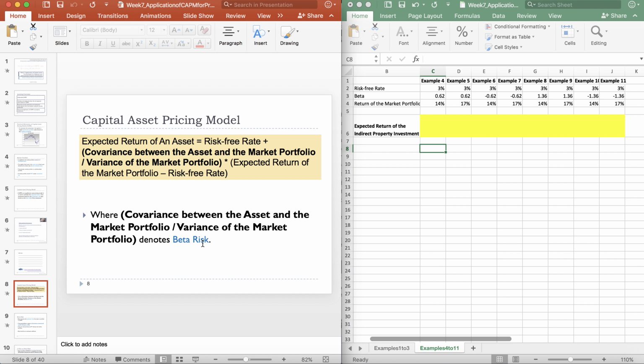The definition of beta risk is the covariance between the asset or portfolio and the market portfolio, then divided by the variance of the market portfolio. The variance of the market portfolio is the risk of the market portfolio raised to the power of 2.